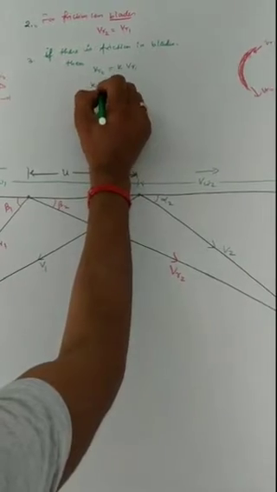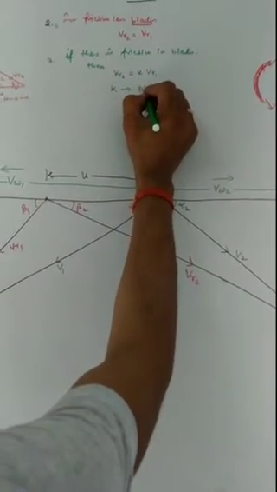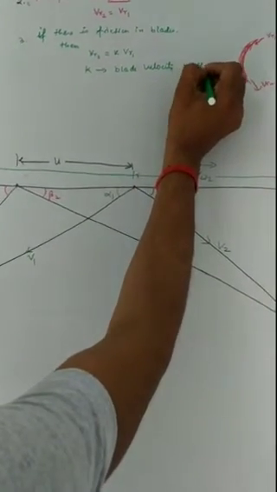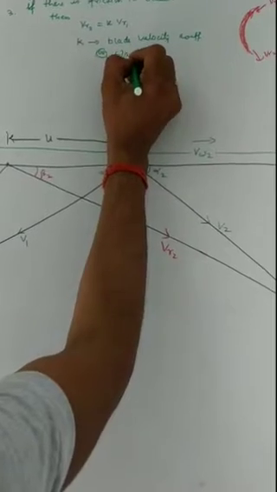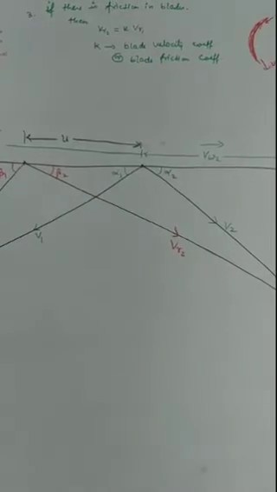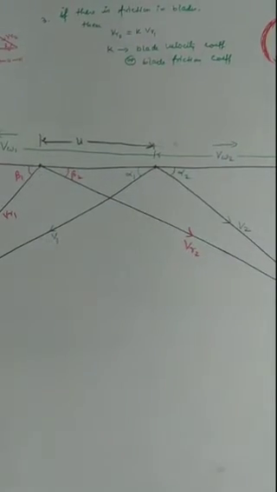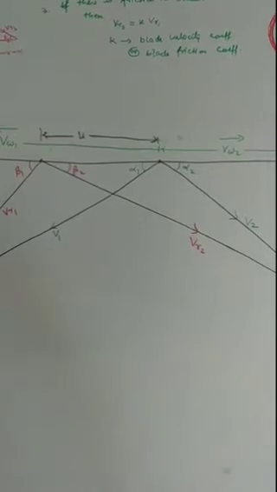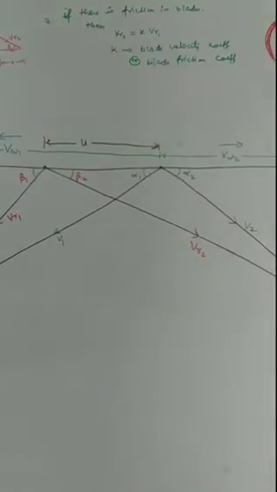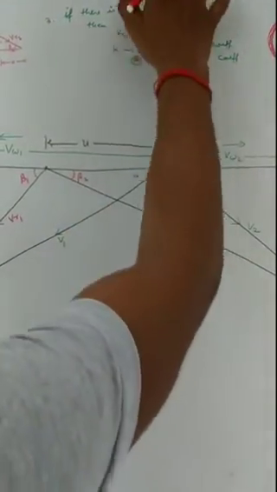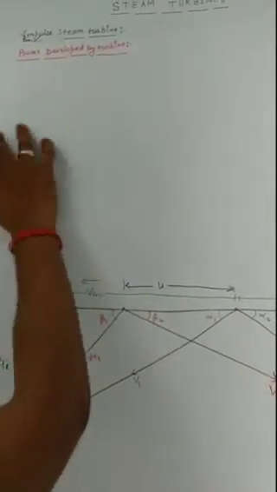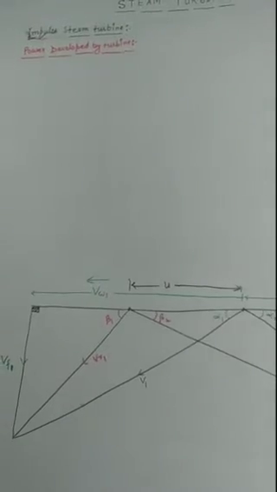K is known as blade velocity coefficient or blade friction coefficient. Once the flow enters the moving blade, we will talk only about the moving blade, and that's why these velocities are for moving blades. Okay, that's it. We will discuss what is the power developed by the turbines.